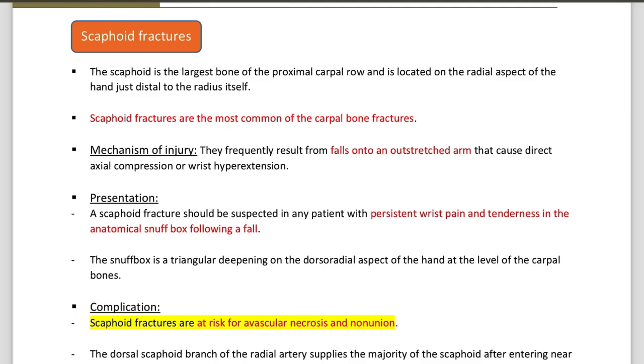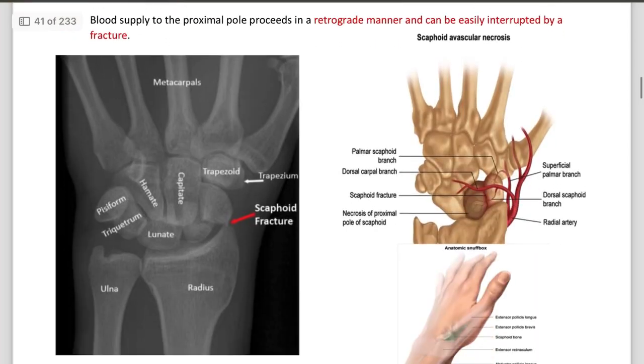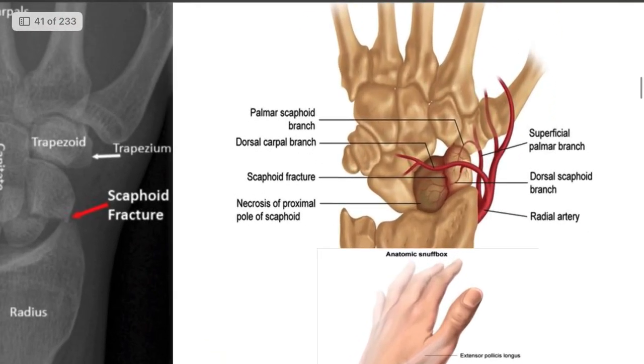Okay, why is this important? Because if you look at this image, in scaphoid fracture the blood supply enters distally and flows proximally. The fracture happened here, and in the blood circulation, the blood is coming from distal to proximal.